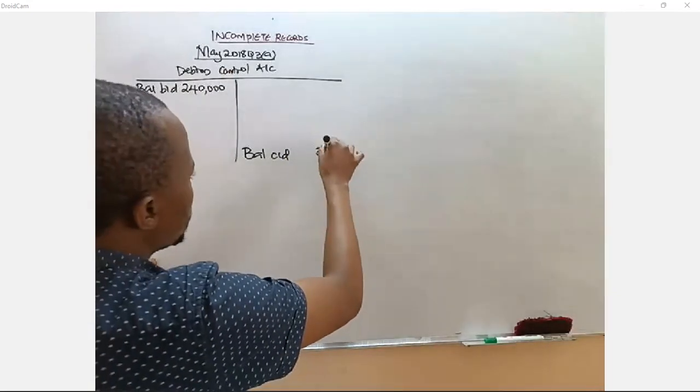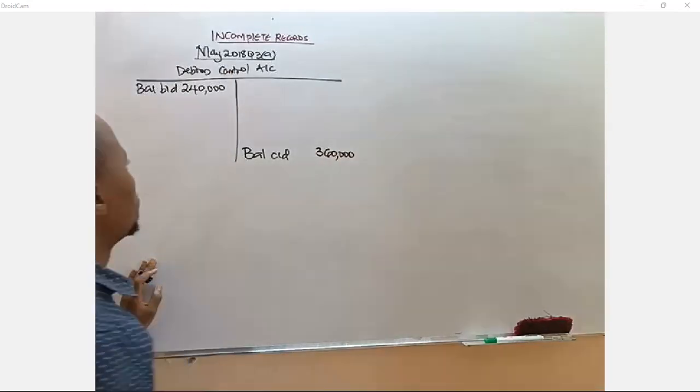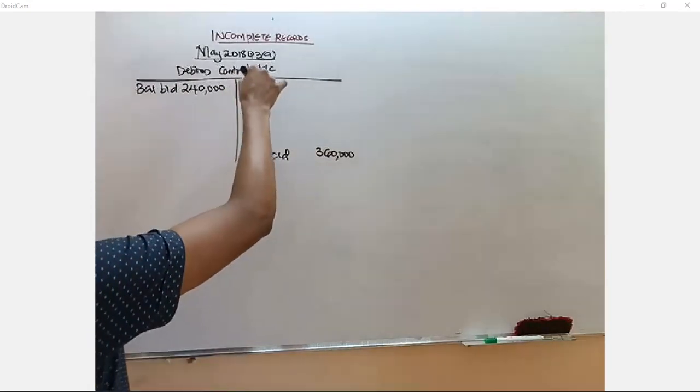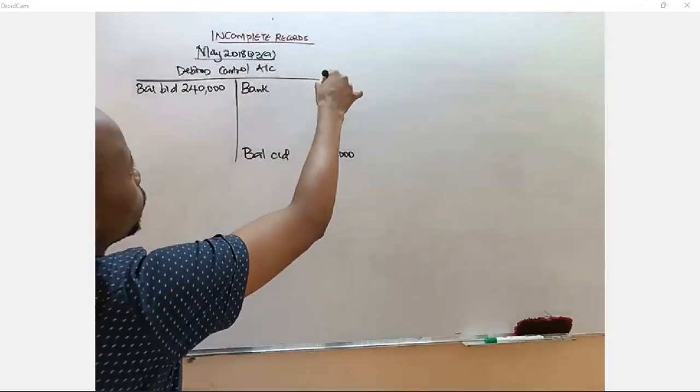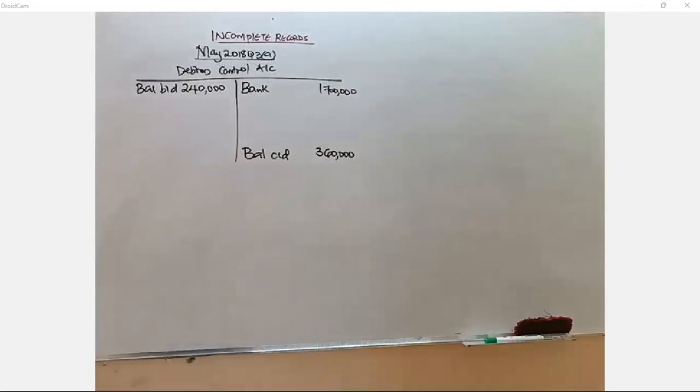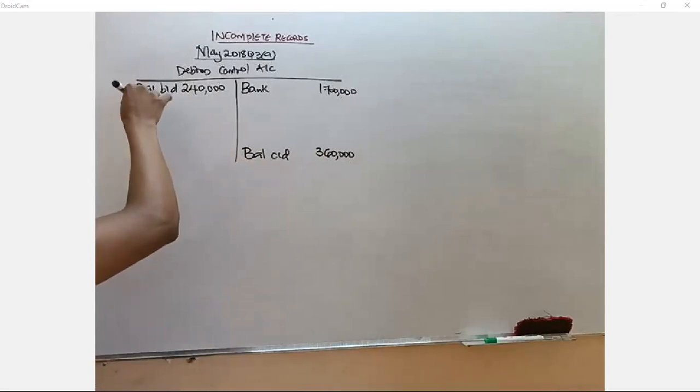Let us look on the items which are affecting these accounts. In the question, on the debit side, before the additional information, I can see we have the receipt from debtors of 1.7 million. So allow me to write bank here, 1.7 million. We don't have anything else which is affecting the account.